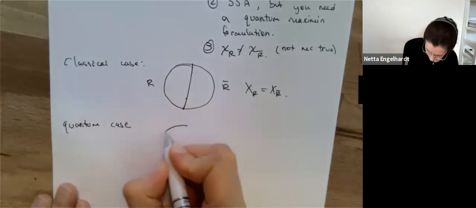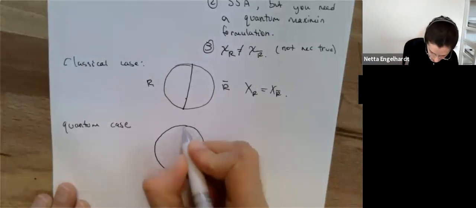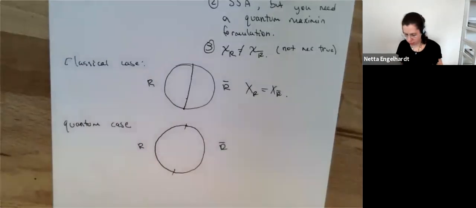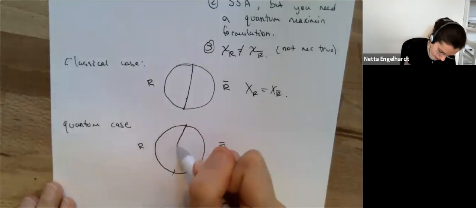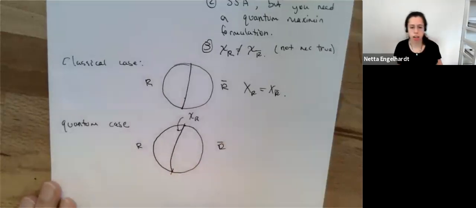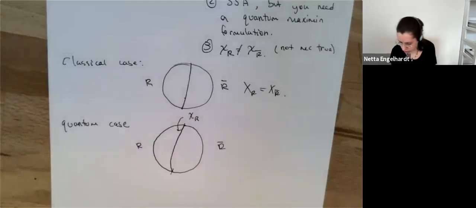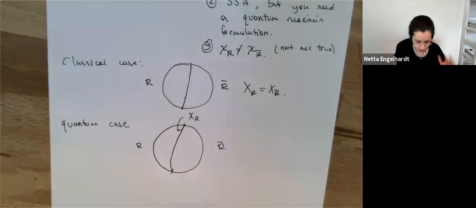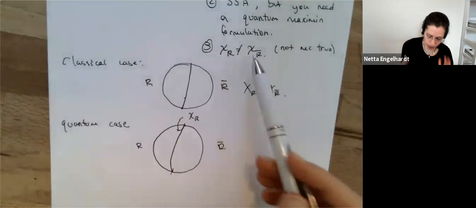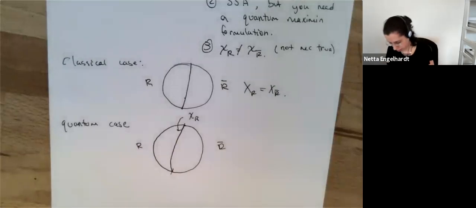Suppose we have the same thing, an R and R bar, and here, let's say, is chi R. What's going to turn out to be the case is that chi R equals chi R bar whenever the bulk state is pure.